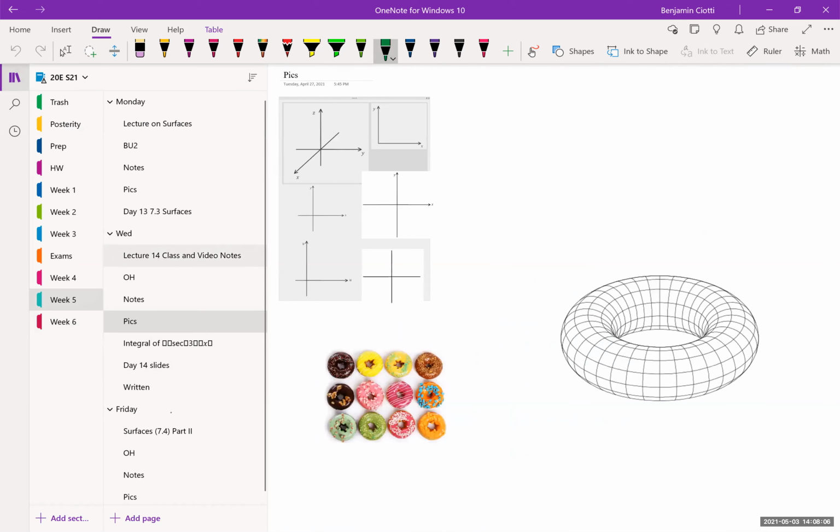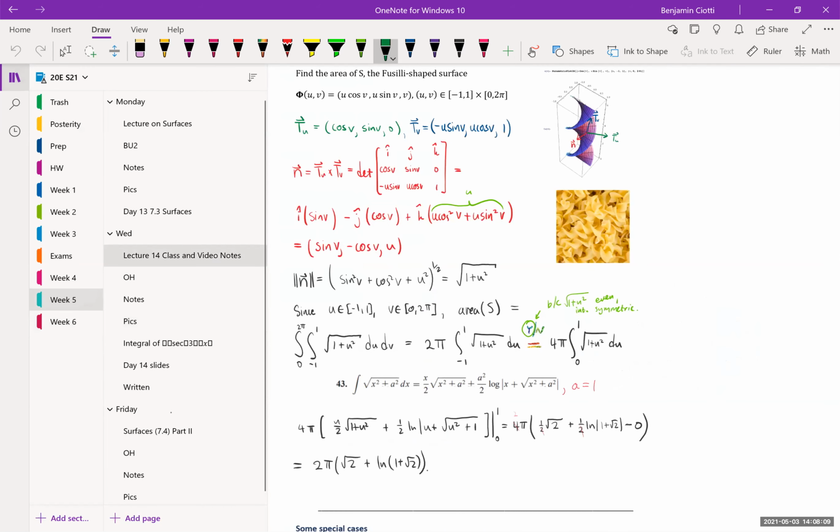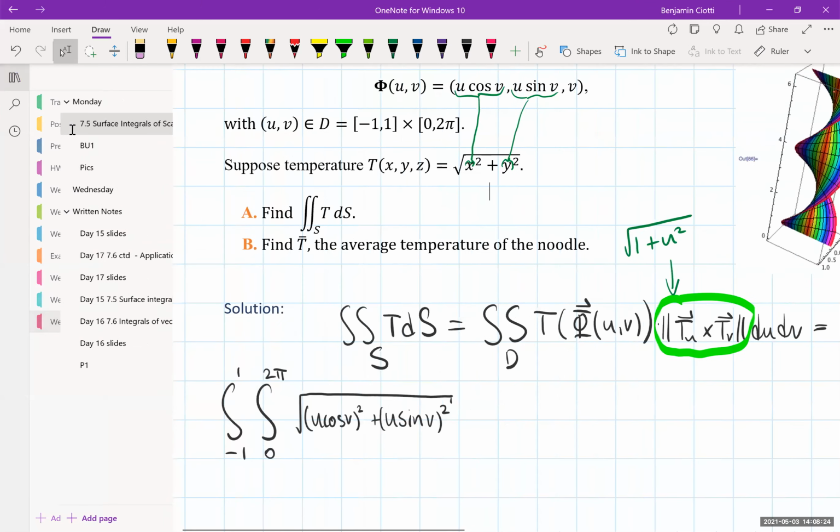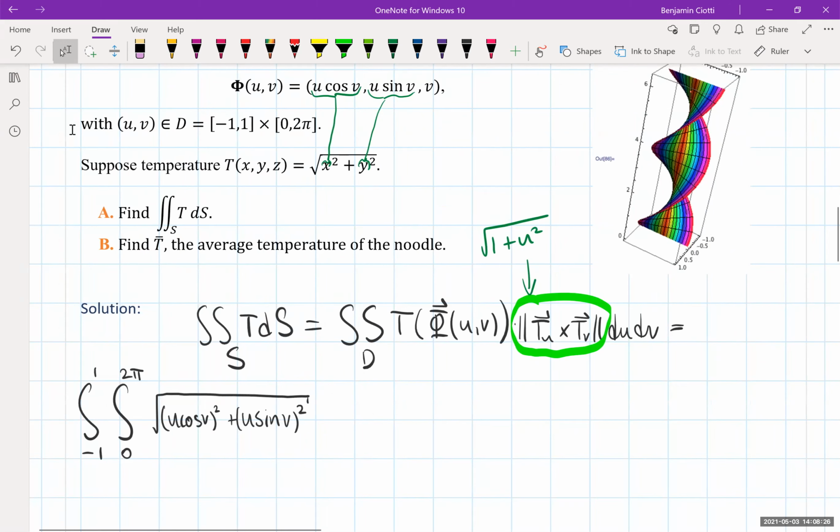That was this one. Here's the formula, which I calculated 2 lectures ago. So I'm just going to reuse that formula. Okay. So that's how I get the square root of 1 plus u squared.